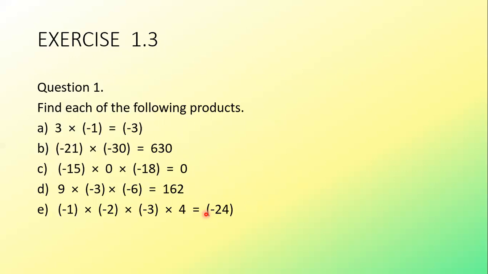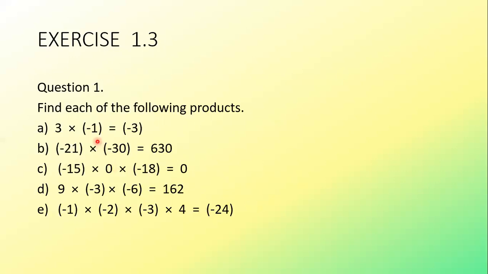Remember, when two same signs are multiplied, either positive into positive or negative into negative, the answer will be positive. But when opposite signs are multiplied, one positive and one negative, then the answer will be negative. Same rule for division also.